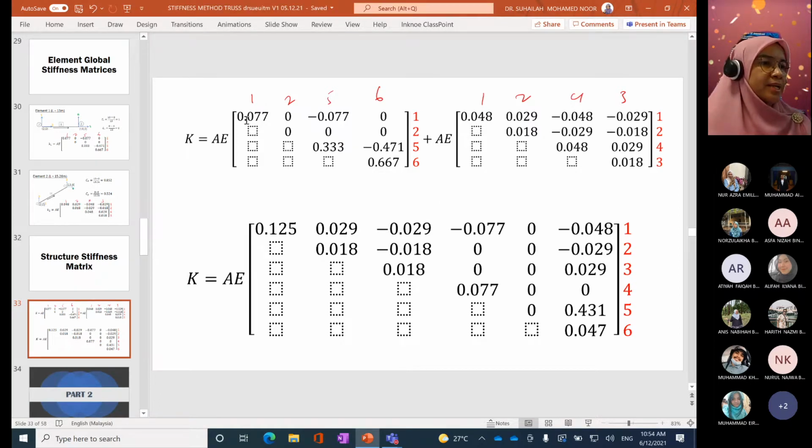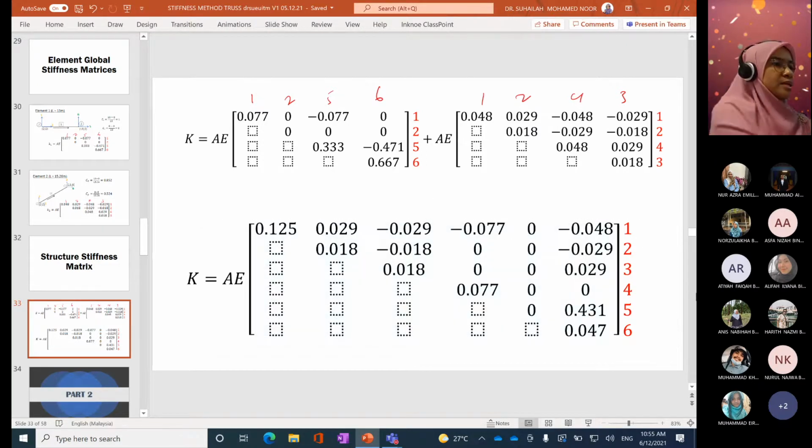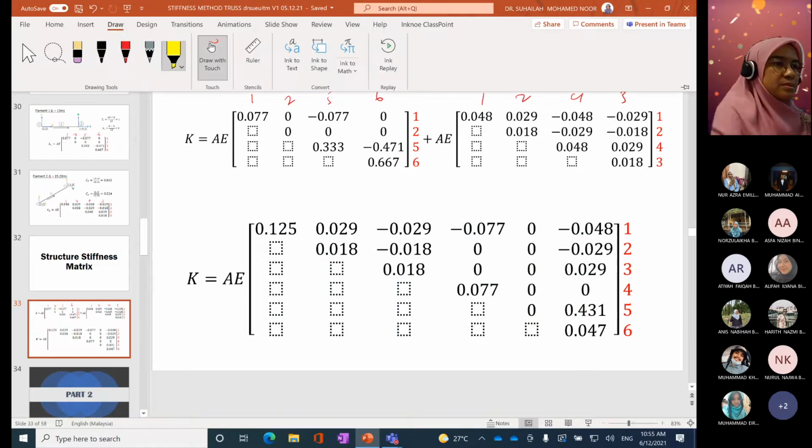Betul tak? Bila kita ubah label, degree of freedom label ubah, tu kat bawah ni akan ubah. Boleh check balik. So akan jadi 1, 1, 0.125. 1, 2, 0.029. 1, 3, mana 1, 3? So, madam, nanti jawapan orang lain-lain lah. Dia lain daripada position. Sebab setiap orang akan label, dia takkan tahu kawan dia label macam mana kan? Dia hanya ubah position only. Dia takkan ubah nilai pada tempat tu.